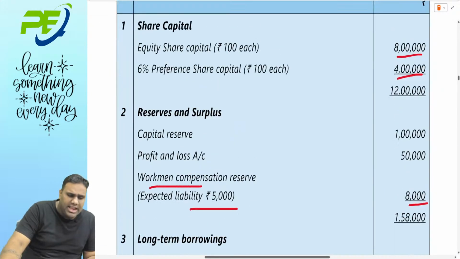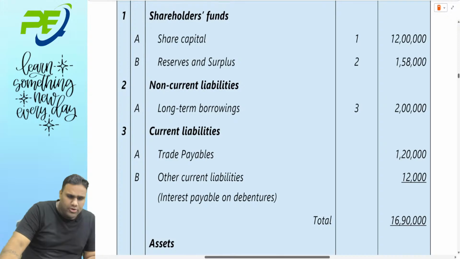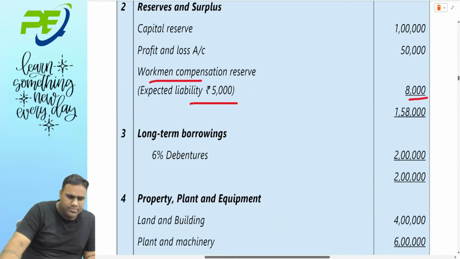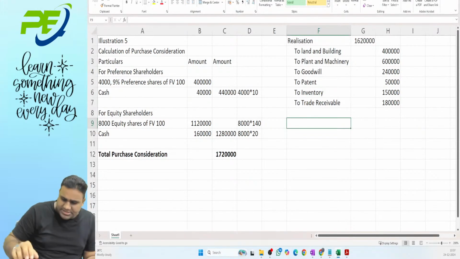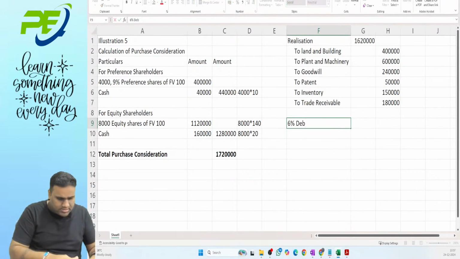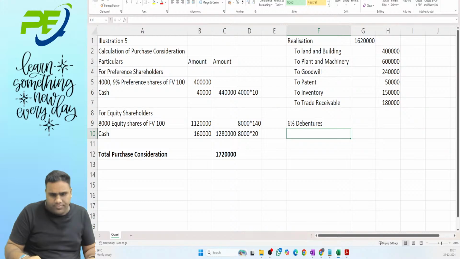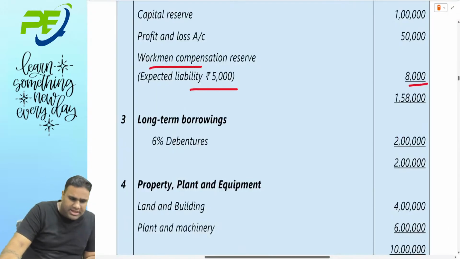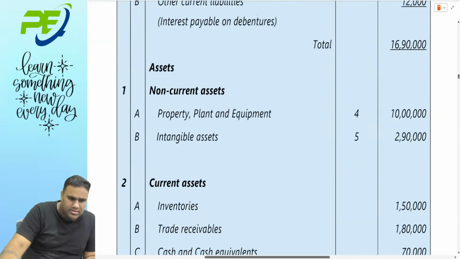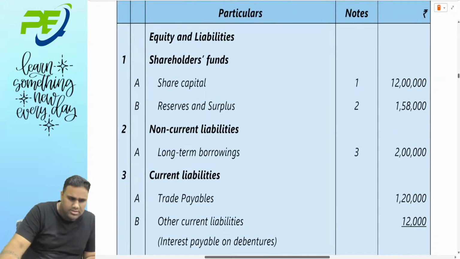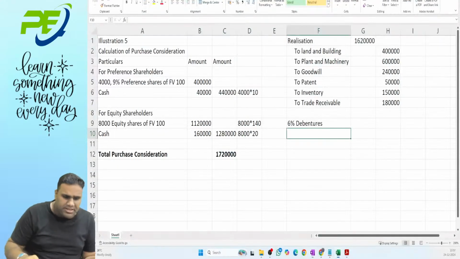Should I transfer all the liabilities? No. So shareholders' funds, you leave. Long-term borrowing, note number 3, 6% debentures. Any other liability? Trade payables 120.